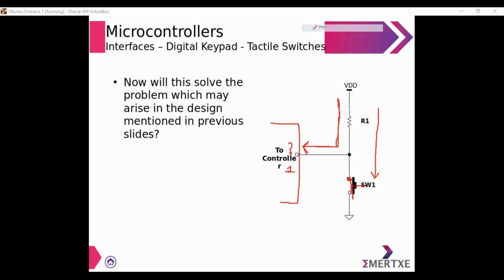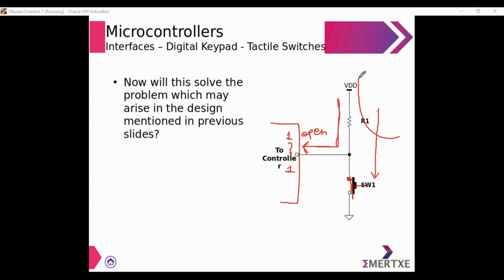So now what happens? Whenever the switch is open, current from the VDD is flowing to the microcontroller. So you will be reading a 1 at the pin of the microcontroller. And whenever the switch is closed, current from the VDD flows to the ground via the resistor R1 and switch 1.